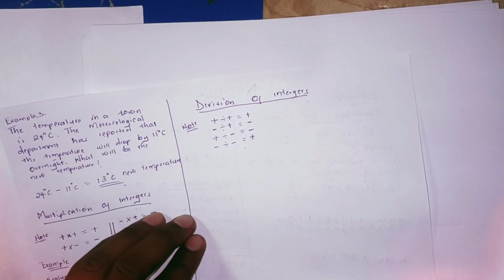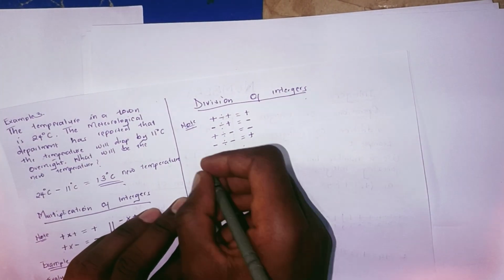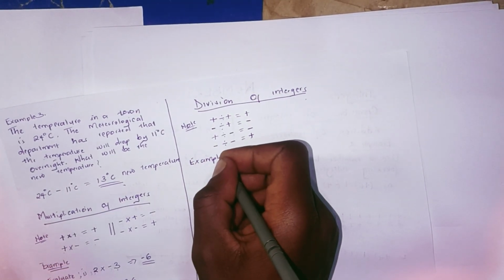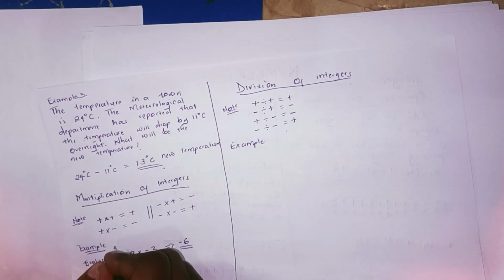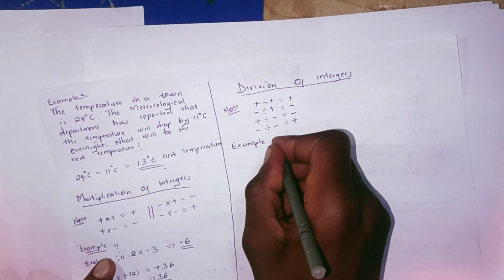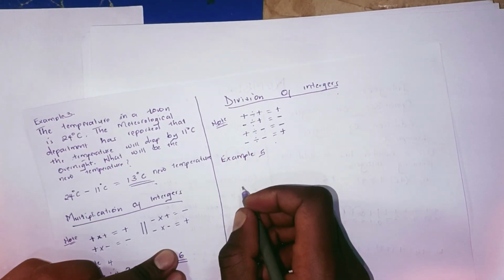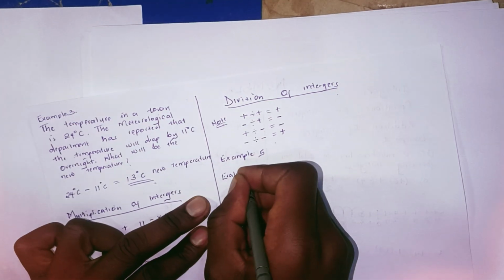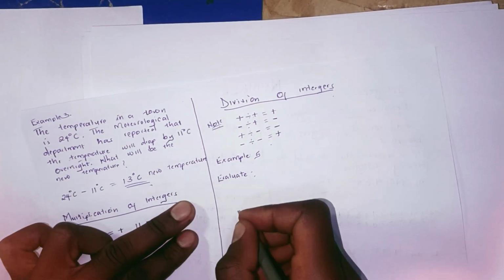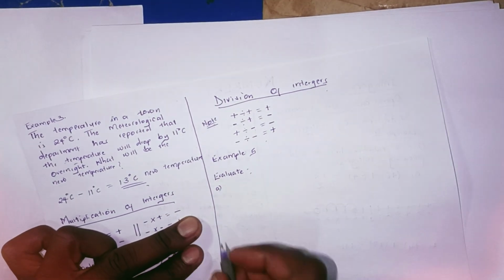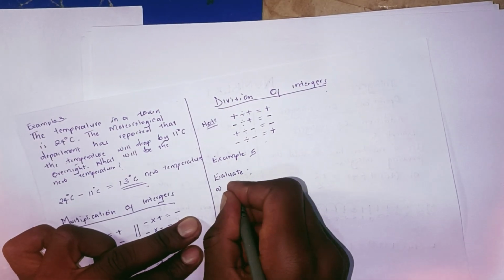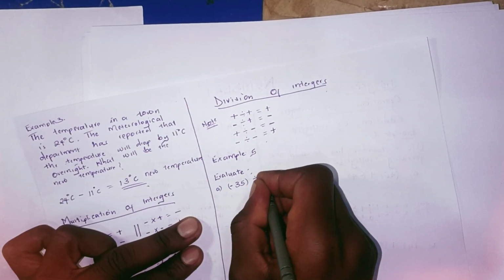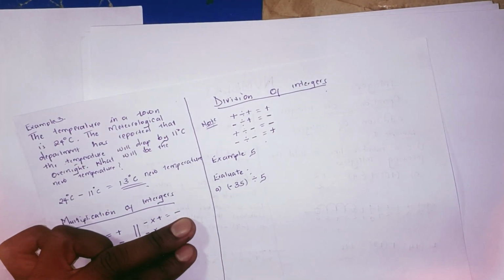Then let me pick an example here. Example A. You've been told to evaluate negative 35 divided by 5.